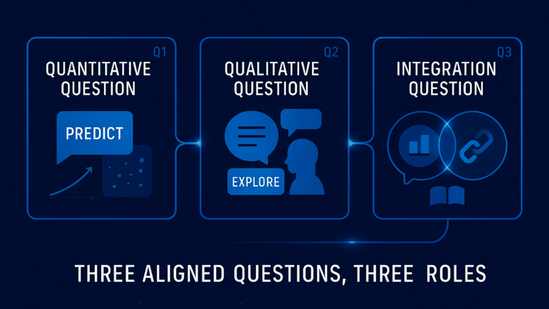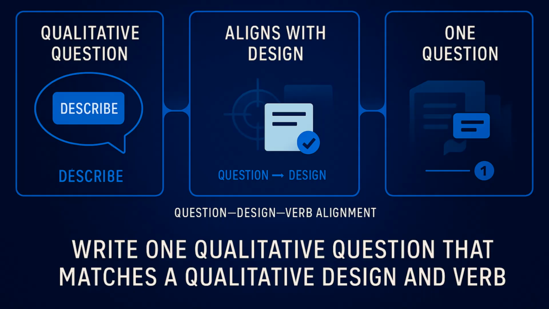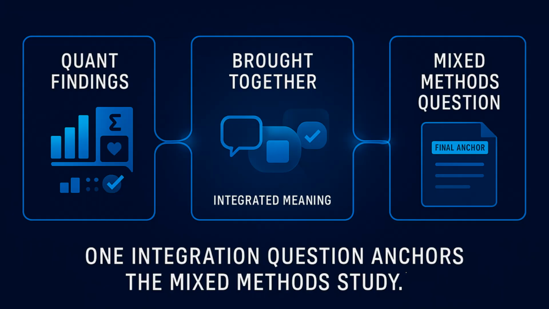You write one quantitative research question that aligns with a quantitative design and uses a quantitative verb. You write one qualitative research question that aligns with a qualitative design and uses a qualitative verb. And then you write one mixed methods question that explains what must be learned when both sets of findings are brought together. This final question is the anchor of a mixed method study.